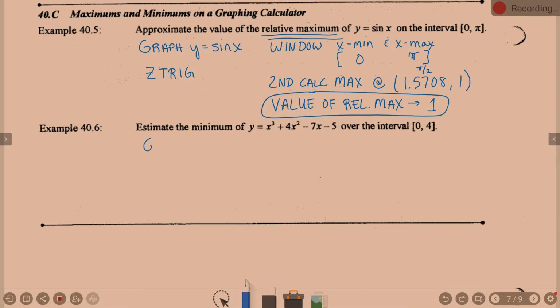So I'm going to write the information down while you work on it. We're going to graph y equals x cubed plus 4x squared minus 7x minus 5. I'm going to change my window x min and x max to 0 and 4.